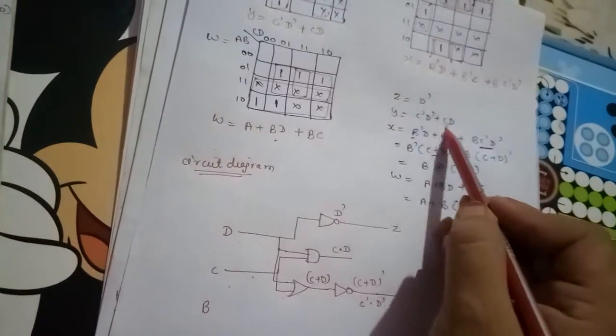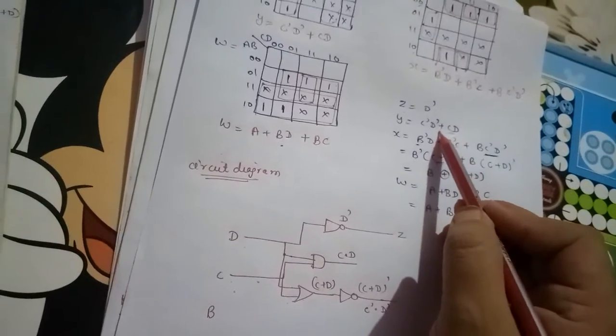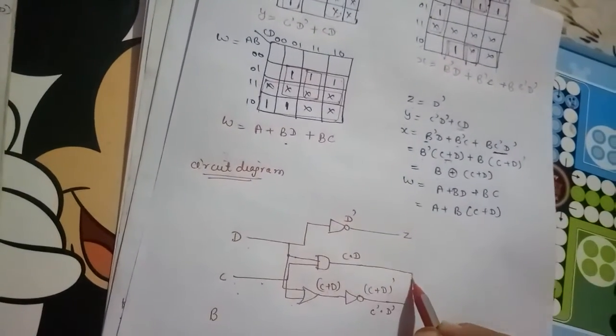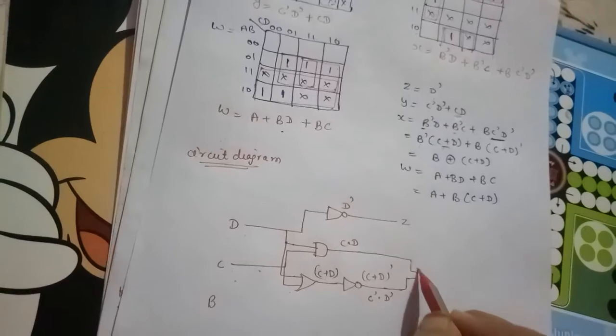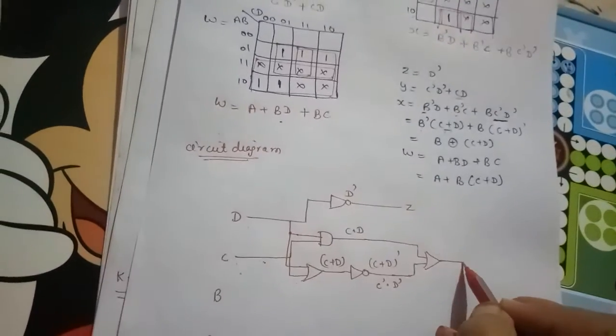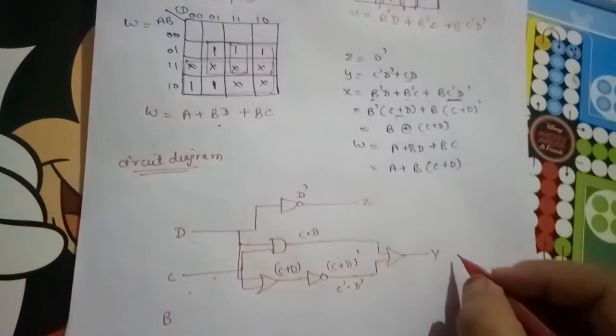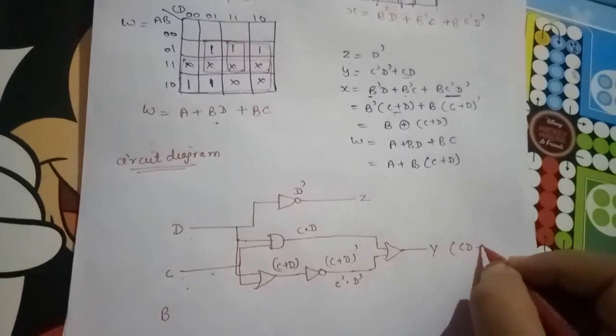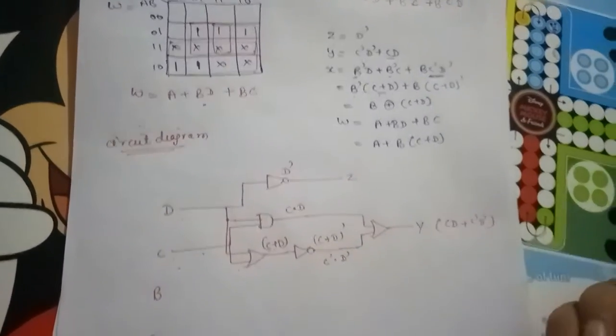So these two values are given to an OR gate, and this is the output Y, whose value is CD plus C bar D bar.